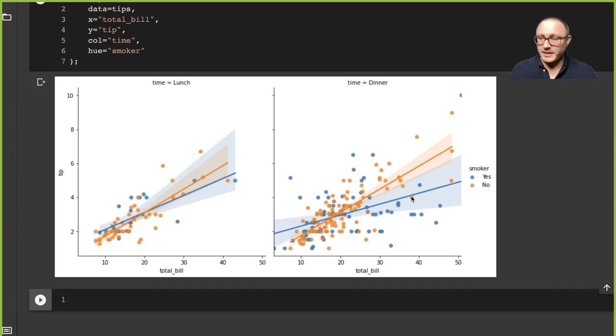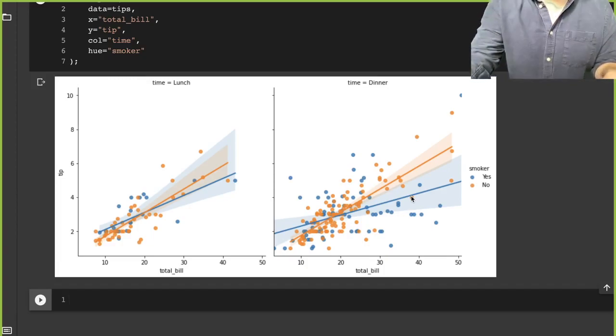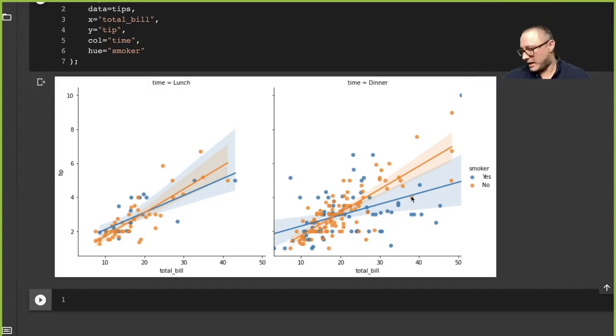So they may be taking that money out of their equation, saying, oh, I need to save money for my smoking habit, so I'm not going to give as much money towards tips. Again, I'm not saying that at all. I'm just saying this could be a potential reason based on looking at this graph. I need to investigate further.